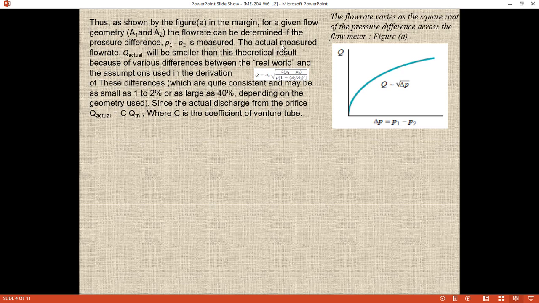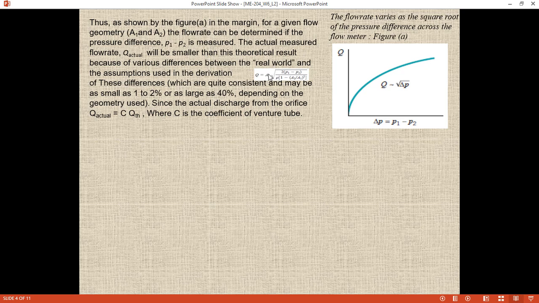The actual measured flow rate will be smaller than this theoretical result, because we are calculating this flow rate without any losses, so definitely this value will be greater. The actual flow rate will be smaller than the result from this equation because of the various differences between the real world and the assumptions used in the derivation.